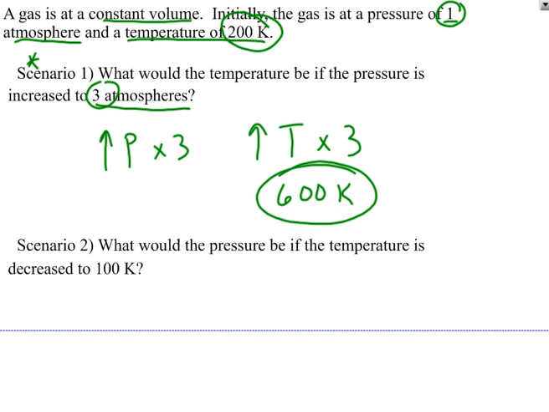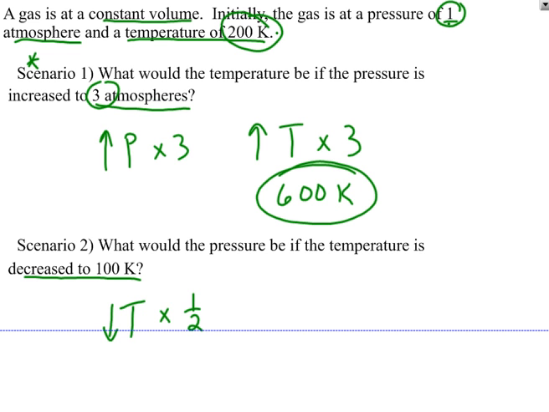Okay, so take a look at scenario number 2, starting with the same initial conditions of 1 atmosphere and 200 Kelvin. Consider for a moment what would the pressure be if the temperature is decreased to 100 K, so from 200 K down to 100 K. Ask yourself what's happening to the temperature. That's right, temperature is decreasing by a factor of 2. It's decreasing by half.